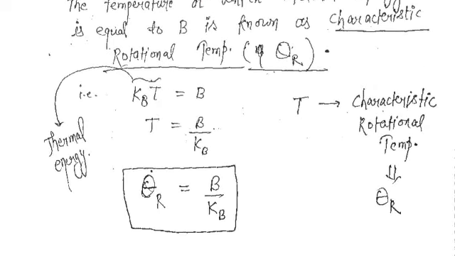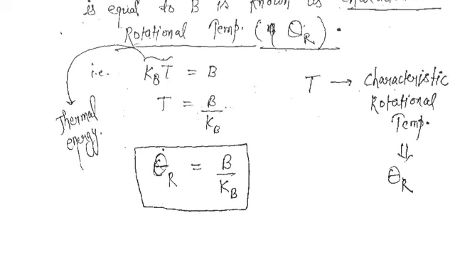Because of the temperature you are getting the energy, no? So that temperature is known as the characteristic rotational temperature and designated as theta r. So look here, this is the thermal energy, kBT. It is also the kinetic energy, which is coming from heat, or when we give the temperature to the system, this is actually the kinetic energy, which is also the thermal energy.